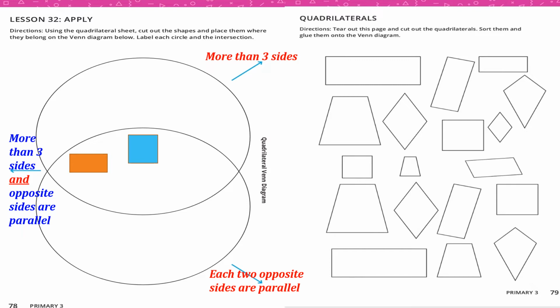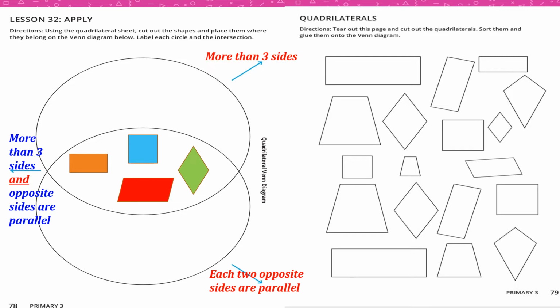So I will put it in the intersection area. The third shape is parallelogram. Parallelogram also more than three sides and opposite sides are parallel. So I will put it in the intersection area. The fourth shape is rhombus. And rhombus is more than three sides and also each two opposite sides are parallel. So I will put it in the intersection area.